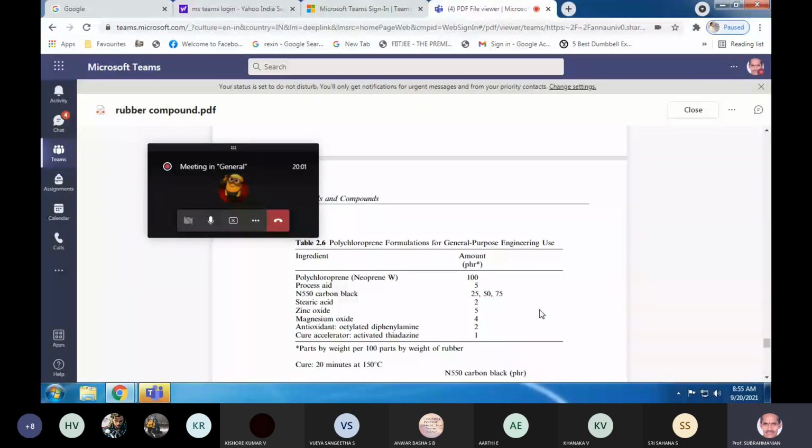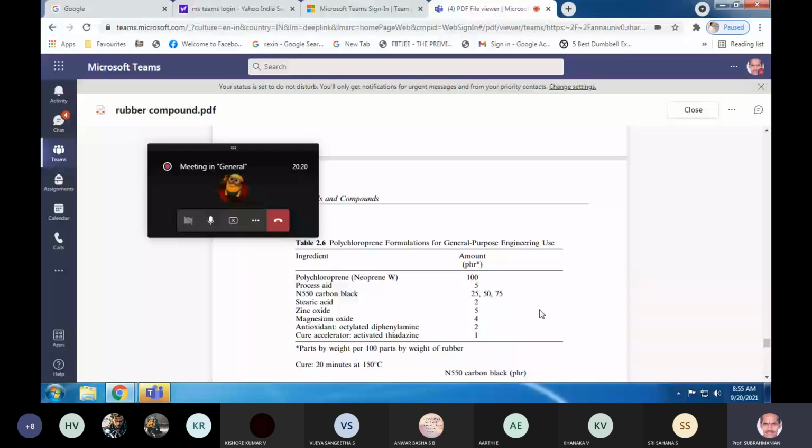Unlike NR or SBR or butyl, even for that matter EPDM, you can give some guarantee that this product would offer a modulus of a definite quantity. Whereas in case of chloroprene, you simply cannot do that.